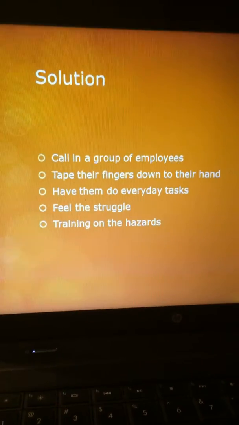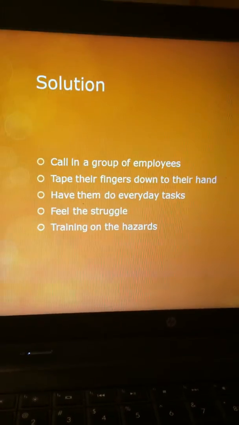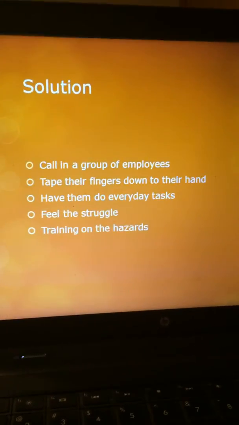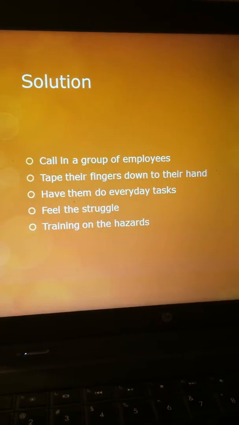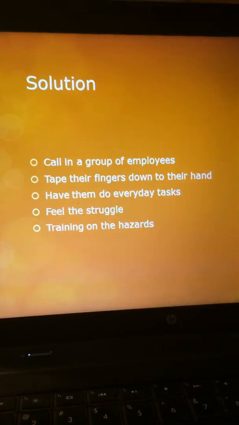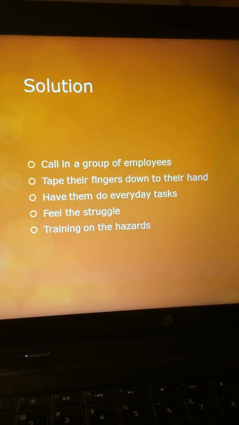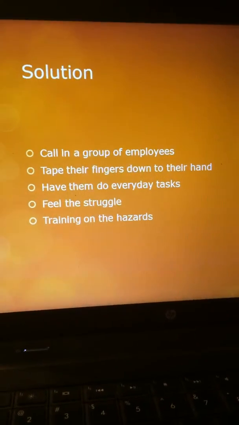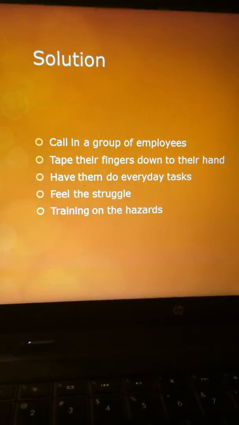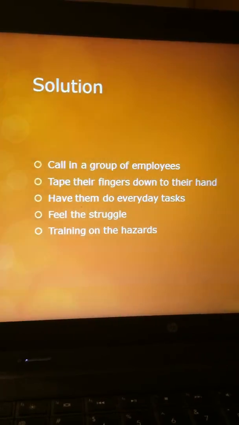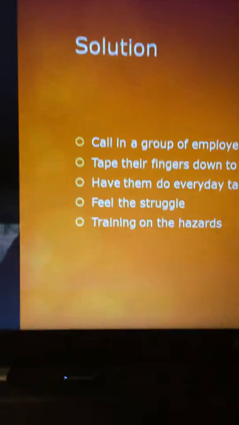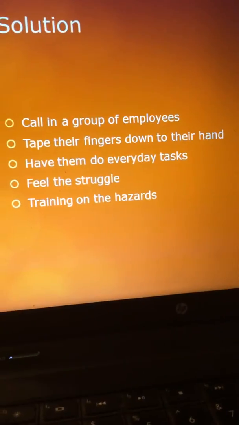And what I foresee happening is someone calling in a group of employees, taping their fingers down to simulate missing digits and or fingers, and having them do everyday tasks like playing catch, writing with a pen, tying their shoe, so they can feel the struggle that they could have if they're missing a finger or two.